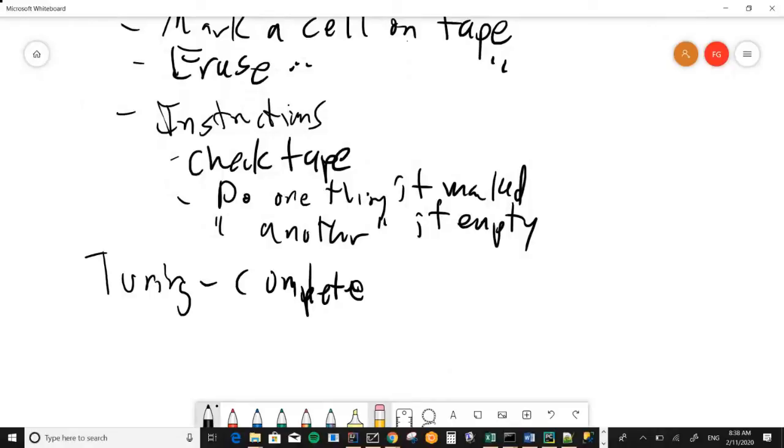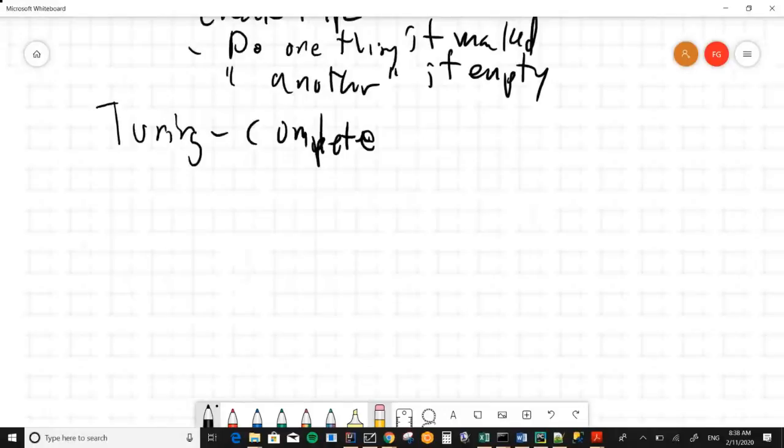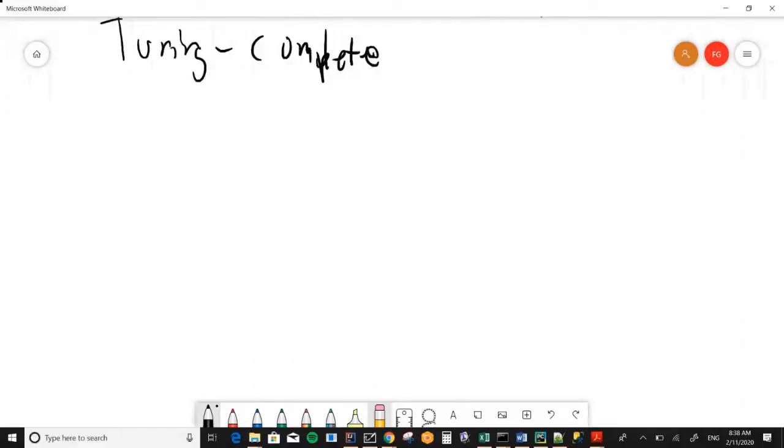So, the reason I went over this with you all is to give us a way of thinking about what a really, really simple CPU would look like. So here's what I've got in mind. We're going to imagine a CPU for a Turing machine.